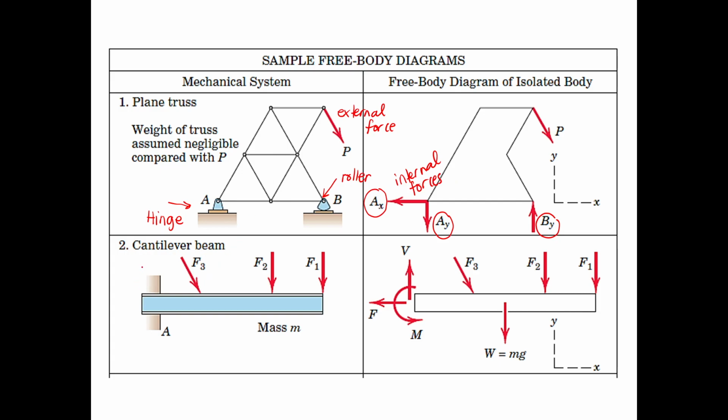So next we have a cantilever beam. We have three forces here. It could be vertical or it could be diagonally applied. And in most cases, in the design of your beams and slabs later on, we'll include the mass of your beam also. It could be in a steel format or it could be in concrete.